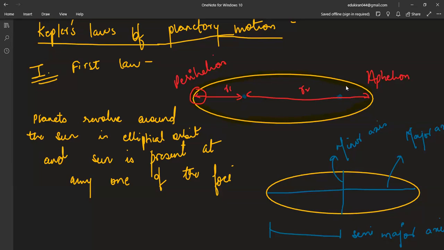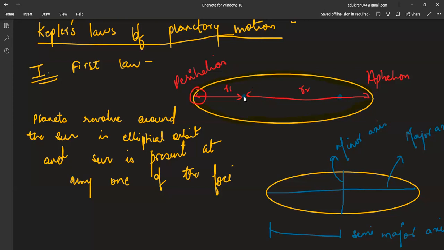One focus is here, one focus is here. Now we'll just focus on one of the foci. Suppose here your object is, here your satellite is. So this point is referred to from the separation. Let's take from the focus, we have taken this to be R1. This is the shorter one, and the shorter one's peripheral edge, this point, is called perihelion.